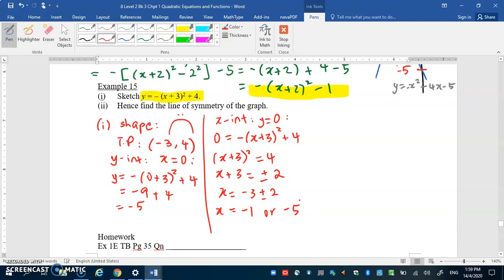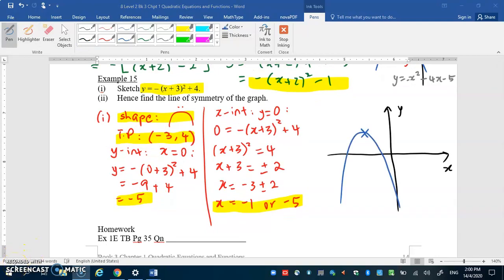Okay? So what do I have? I have the shape, I have the turning point, I have the y-intercept, I have the x-intercepts. Can I start sketching? Of course. So this is my curve. It's downward shaped and it cuts at negative 5 and negative 1 on the x-axis. It cuts the y-axis at negative 5 over here. That's the y-intercept.